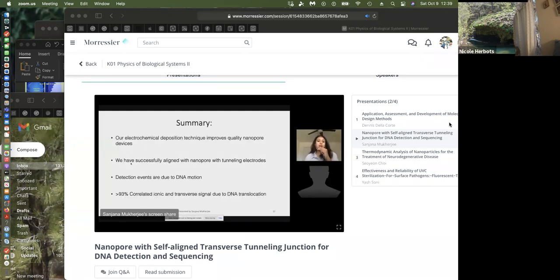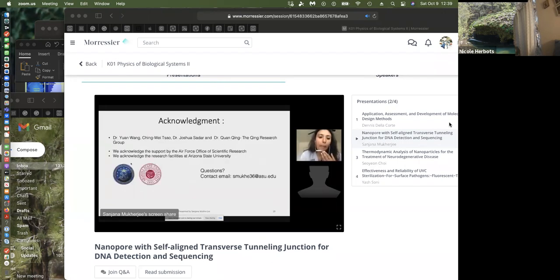So in summary, our electrochemical deposition technique improves the quality of nanopore. We have successfully aligned the nanopore with the tunneling electrodes, and we have detected DNA motion, and more than 93% of events were correlated, which tells us about the detected events of DNA moving. And I would like to acknowledge our crew members and my advisor, and the support from the Air Force Office of Scientific Research and facilities at Arizona State University.